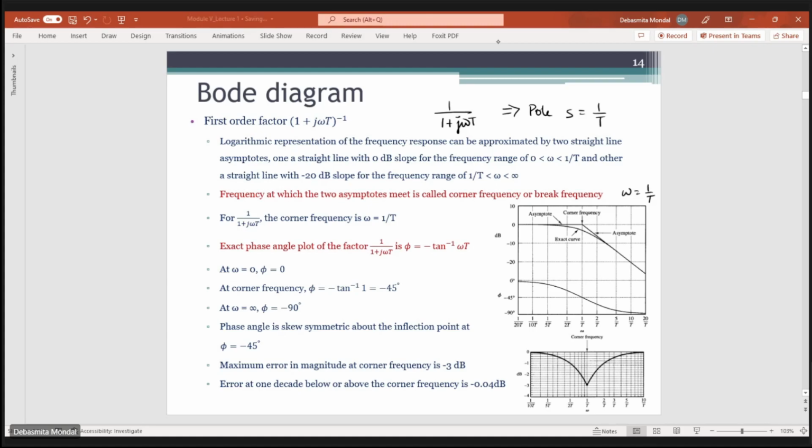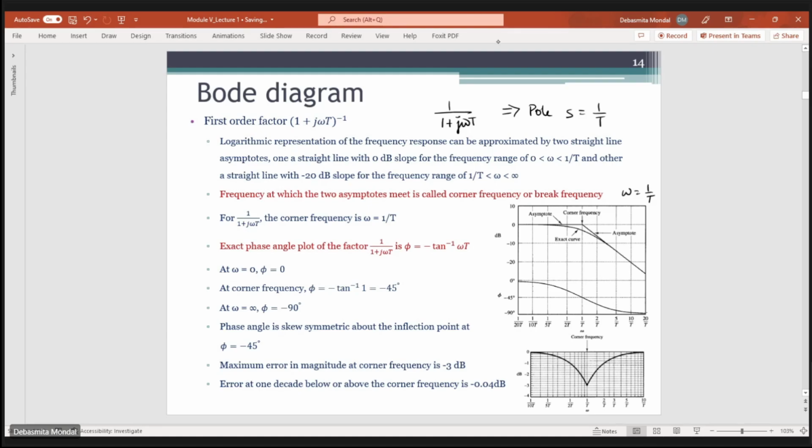So we know this point and this third point. We can draw an approximate curve, or you can find out a few points between 0 to 1 by t and 1 by t to infinity, and draw the actual phase response characteristics, or the phase plot of the Bode diagram.